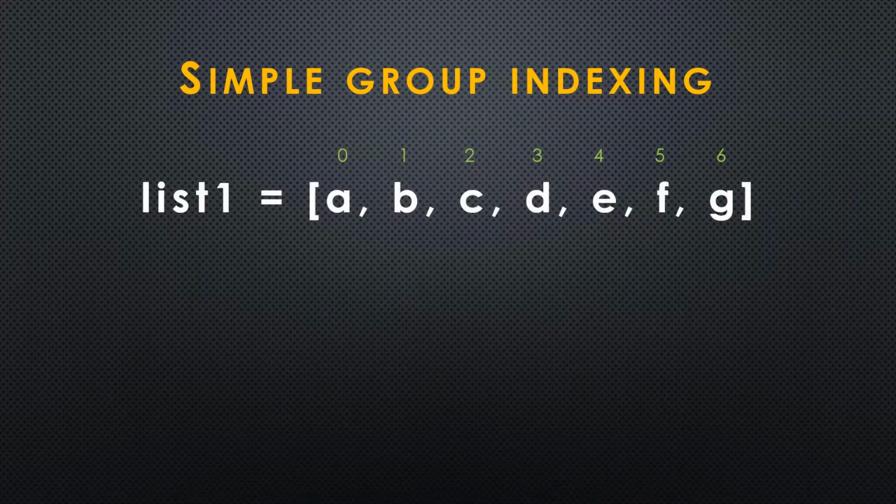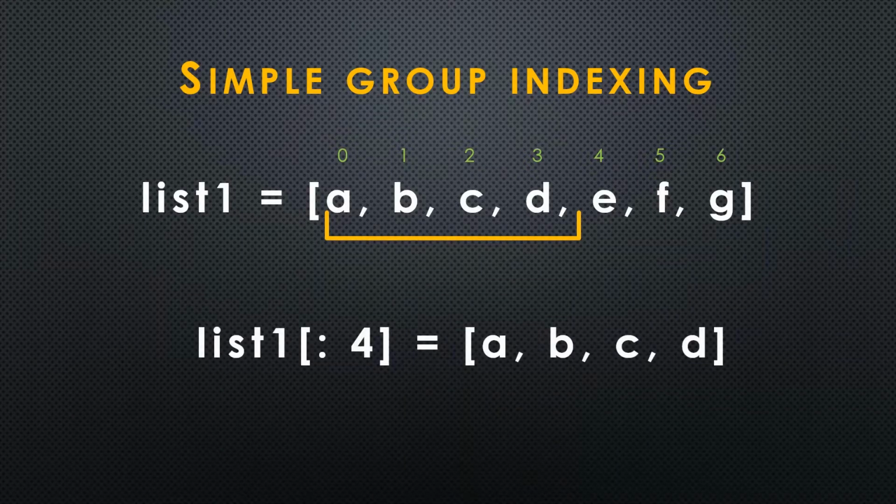If given the same list, we want to isolate all the elements up until a certain limit, for example, A, B, C, D, then all we write is list1[:4], where list1 is again the name of the list, and 4 is the last index of the element we want to isolate plus 1.